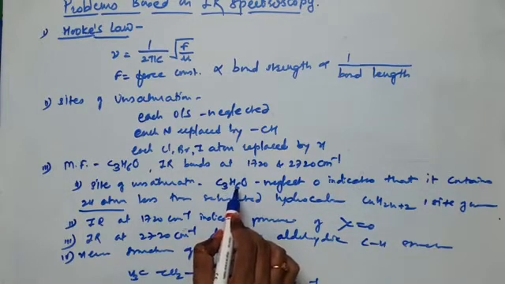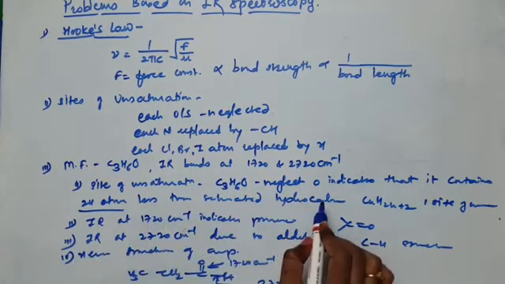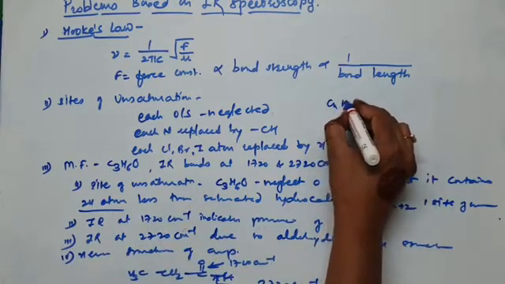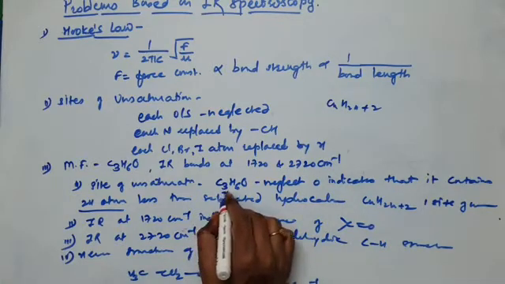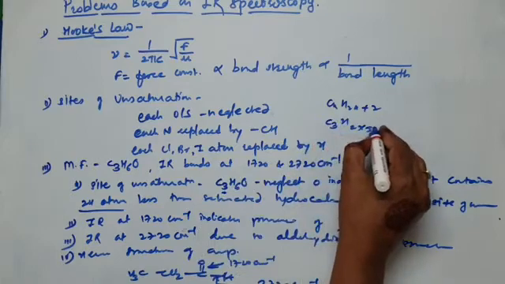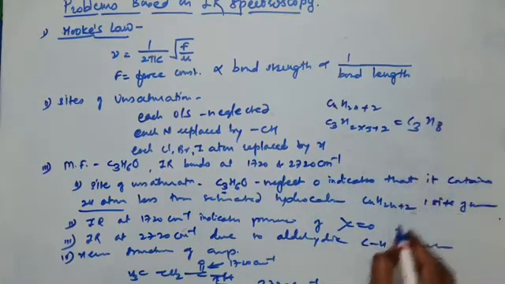Now this C3H6 contains 2 hydrogen atoms less than the saturated hydrocarbon. Saturated hydrocarbons have the molecular formula CnH2n plus 2, where n is the number of carbon atoms. Here the number of carbon atoms is 3, so 2 into 3 plus 2 gives C3H8.